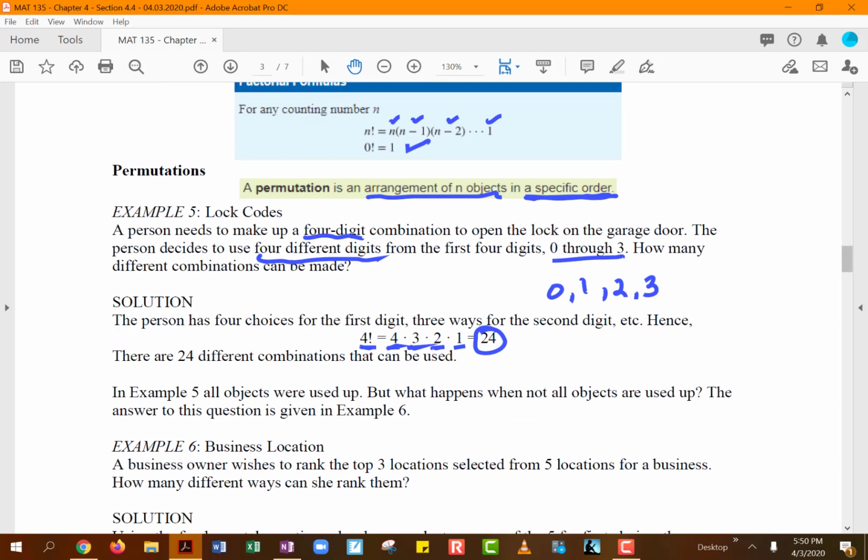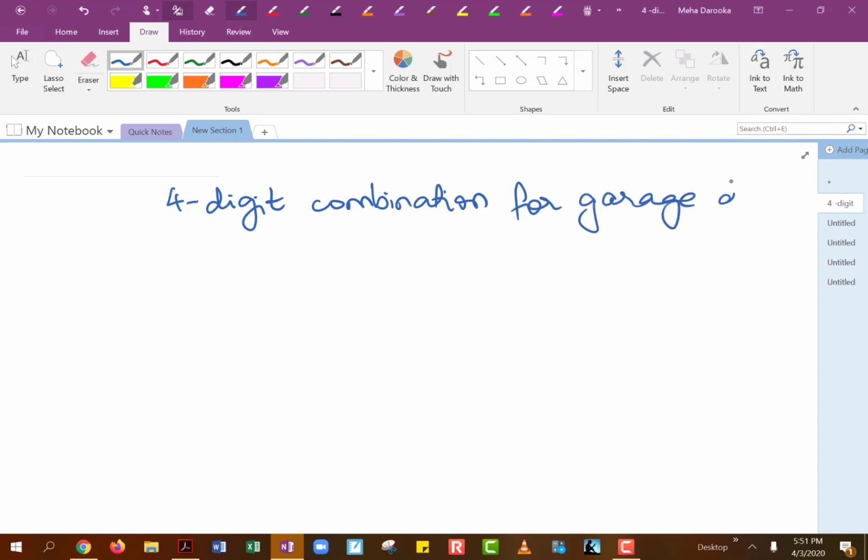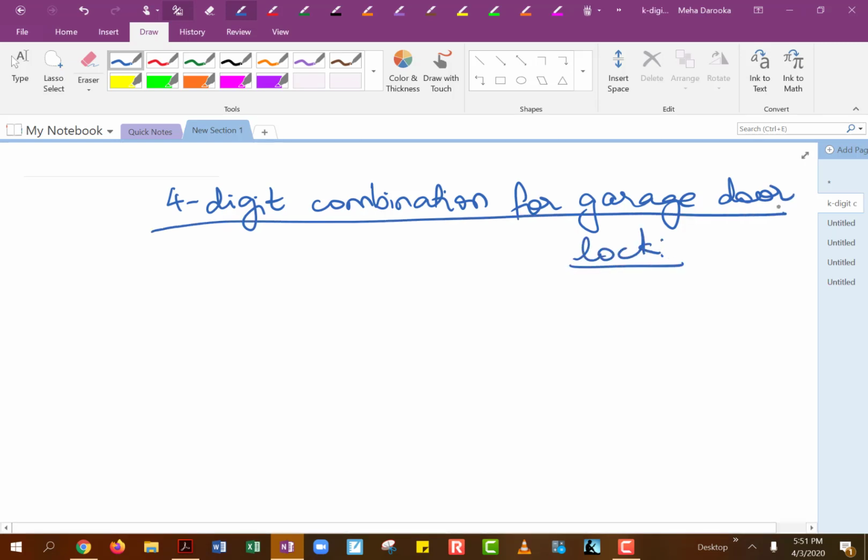So even if we were creating a 4-digit combination for our garage door lock, but we were using the digits anywhere from 0, 1, 2, 3 all the way to 9, right? So anything from 0 to 9, and you are creating a 4-digit combination.